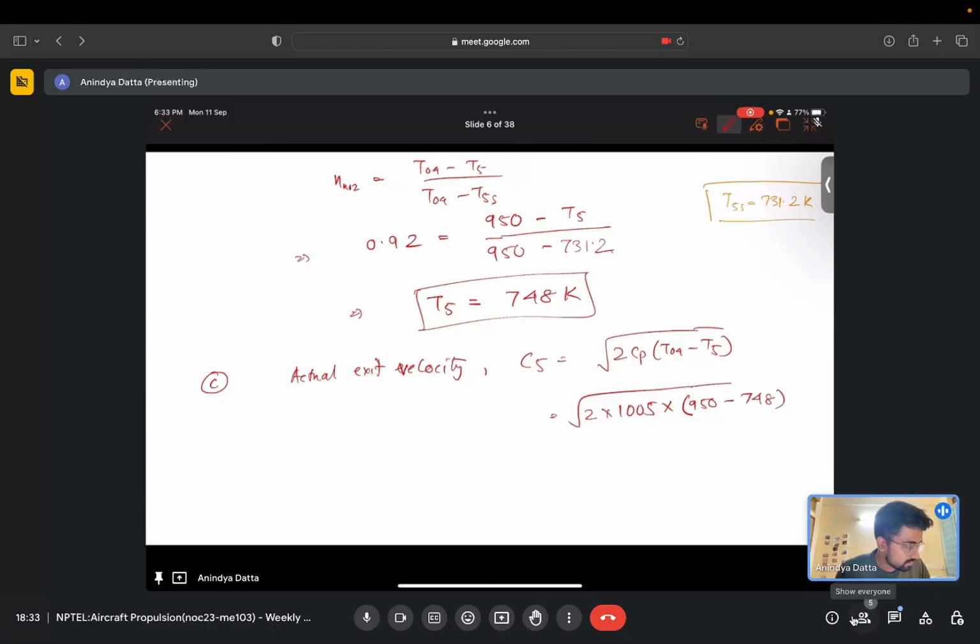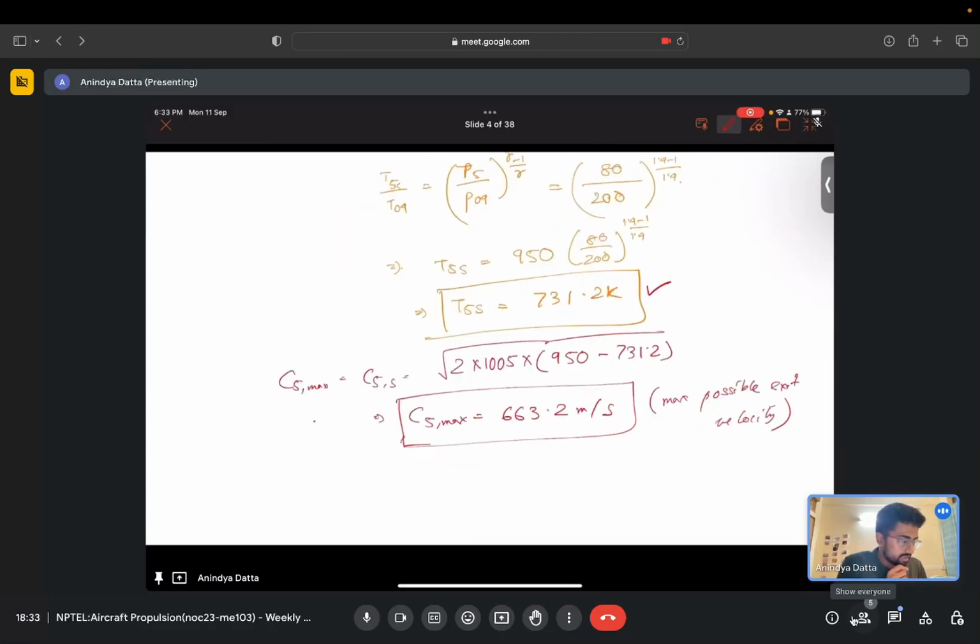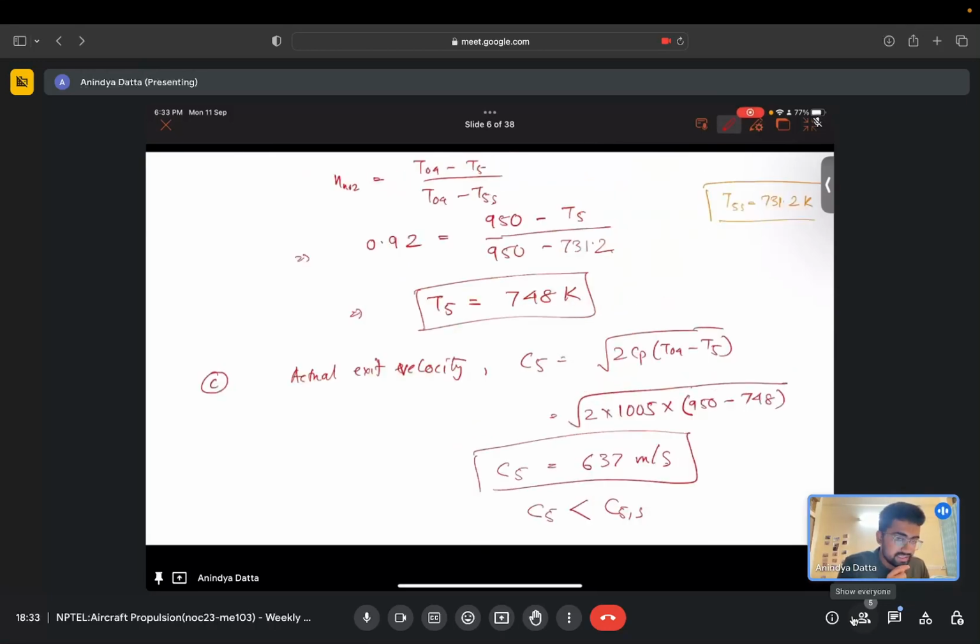Okay, so you can obviously see that since T5 is higher than T5s, this temperature difference will be lower, and the actual exit velocity C5 will be 637 meters per second. Okay, and C5 is lower than C5s. In the isentropic case we got a velocity of 663.2 and here we are getting 637.